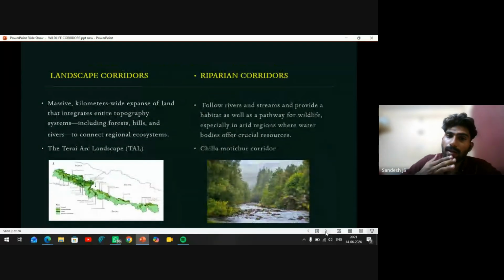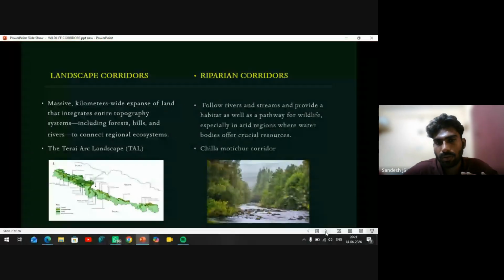And another is the landscape corridor, a massive kilometer-wide expanse of land that integrates the entire topography, including forests, hills, and rivers, to connect regional areas. In this landscape corridor, it's not only forest or river; all the regional ecosystem will be present in the landscape, like forest, hills, rivers, streams.